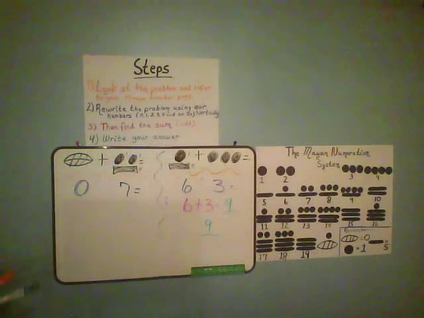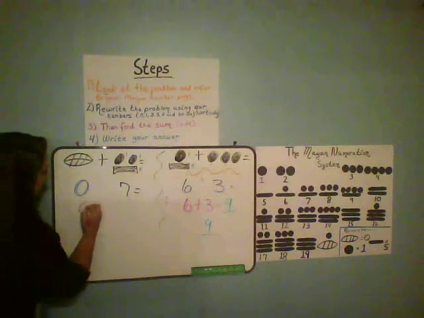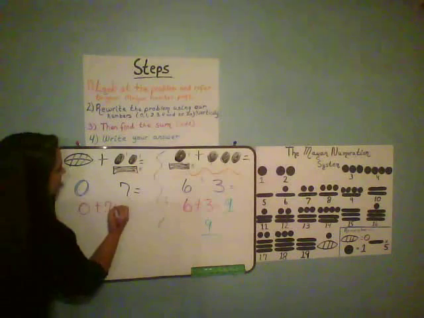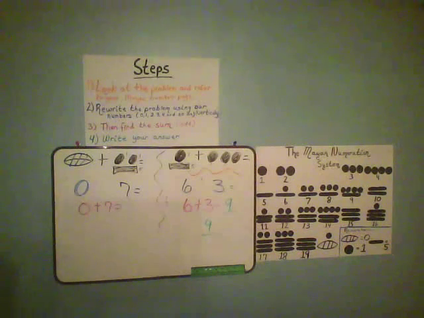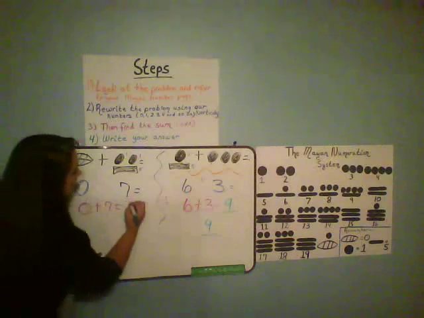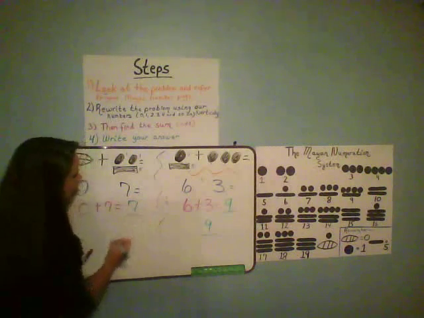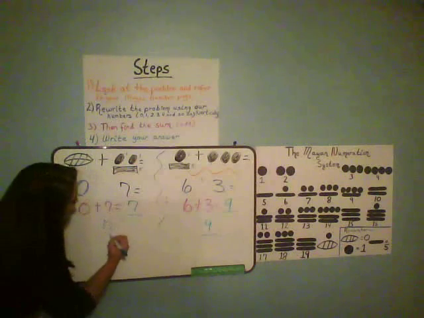Okay? Our third step is we're going to find the sum. We're going to add them. 0 plus 7 equals what, Matthew? Right. Fourth step, write your answer. Our answer is 7.